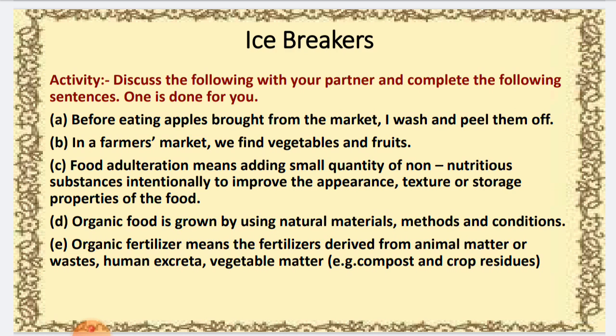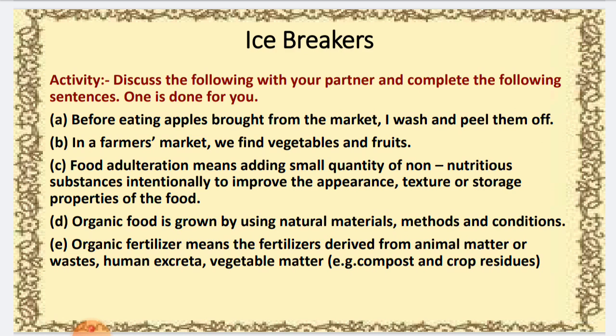First one is, before eating apples brought from the market, I wash and peel them off. Second sentence that we are expected to complete is, in a farmer's market we find dash dash. So all of you know that in a farmer's market we find all kinds of fruits and vegetables.